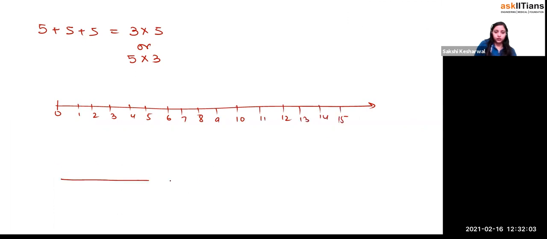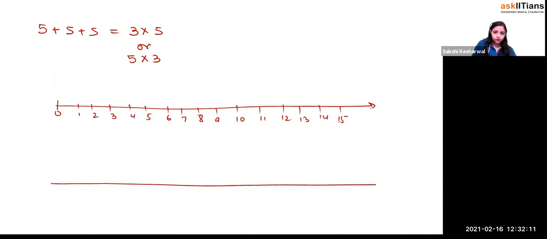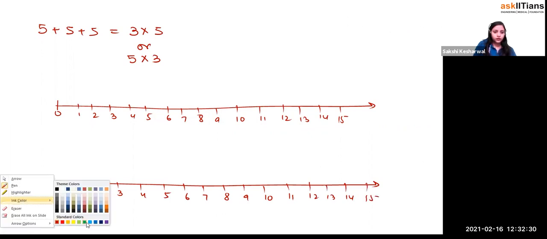Now let's draw another one. This is 0, 1, 2, 3, 4, 5, 6, 7, 8, 9, 10, 11, 12, 13, 14, and this is 15, right? Now let's take a different color.